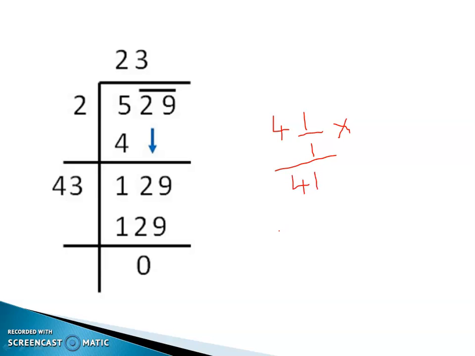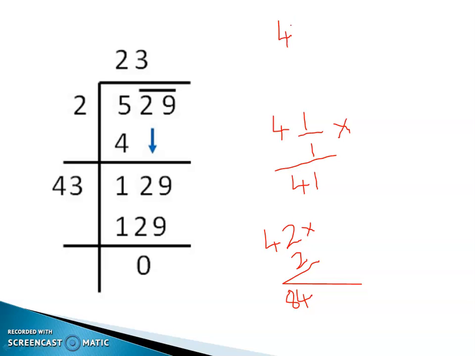So I didn't get 129. So I'll start again, try with 2. 42 into 2, what is that? It is 84. Again I didn't get 129. So I tried with 43.